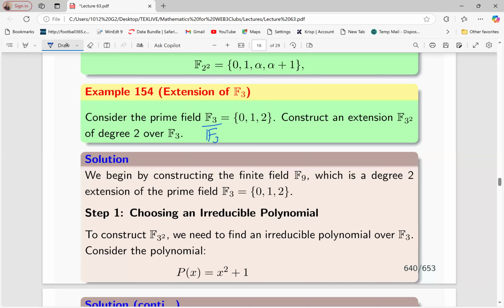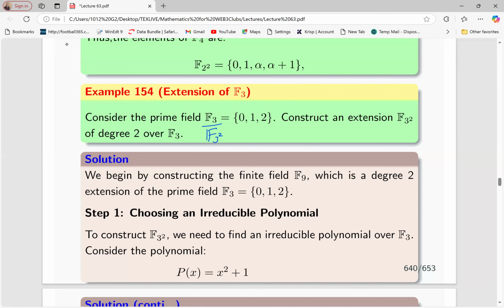And what is the question? Construct an extension F3 raised to 2. In other words, get a field of 9 elements. 3 raised to 2 is 9. We've been given a field of 3 elements, but we want to come up with a field of 9 elements.